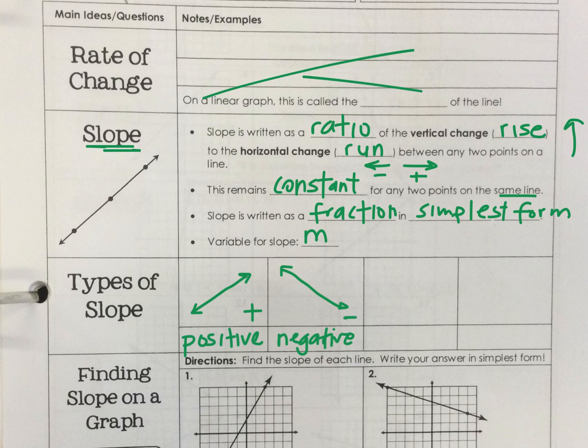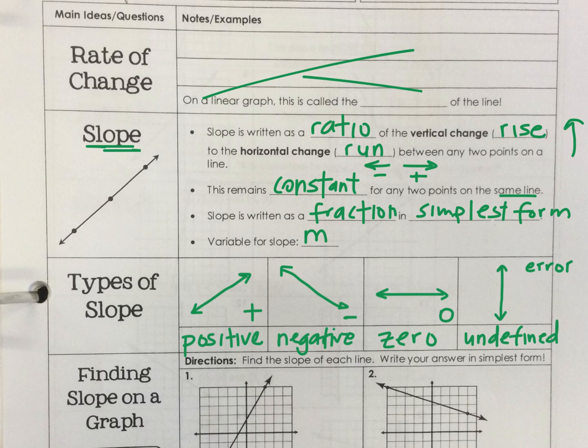If I have a line that is straight across, it is 0 slope. And if I have a line that is perfectly up and down, we say that it is undefined. And if you put that slope in your calculator, it's actually going to say error.